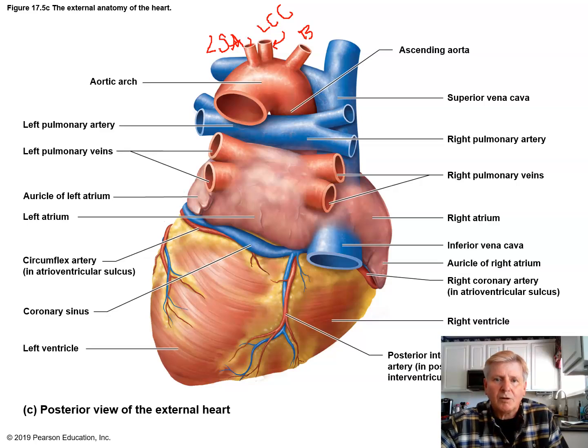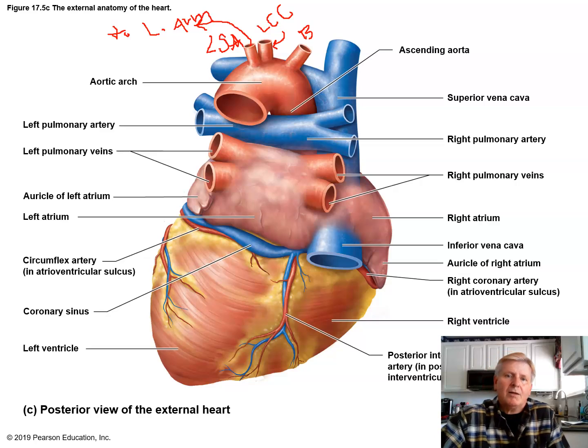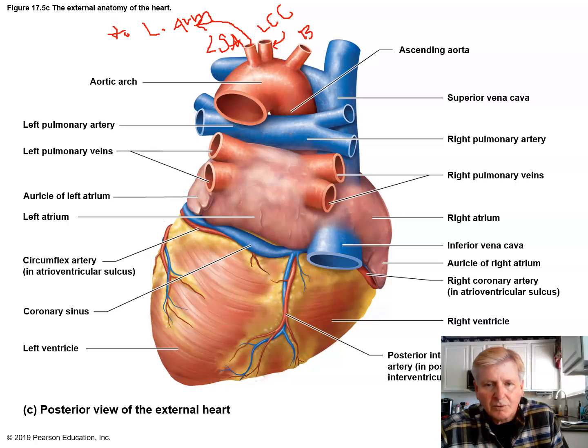And it basically takes blood to the left arm and left shoulder. The left arm. See if I can spell.